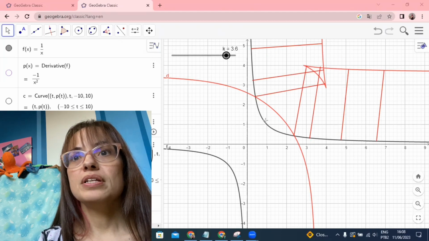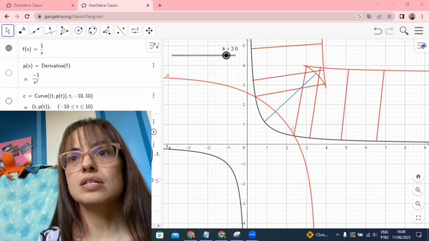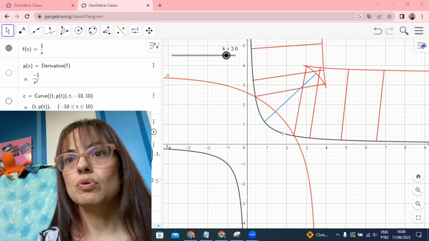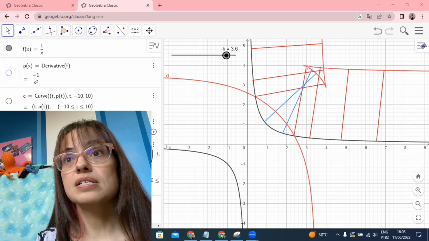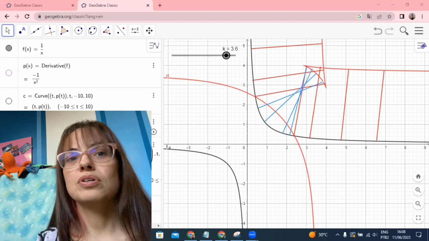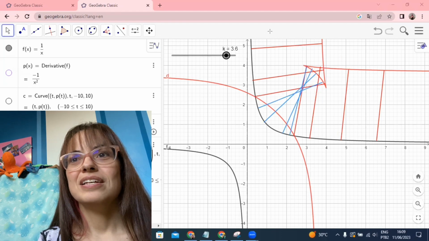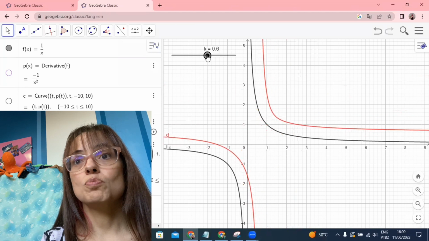But when it gets around here, the normal line is going that way, and that's just the distance that it wants to have. The normal line here goes that way, and this is the distance. So there is nothing wrong. This is actually what the curve looks like. It's just not going to be very pretty unless k is small enough.